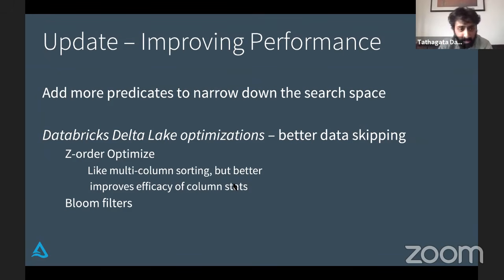Now, the Databricks Delta Lake platform has a few more performance optimizations. That's the difference between OSS Delta and Databricks Delta Lake: we have a few more performance improvements in Databricks Delta Lake. There are tools for doing better data skipping, especially this thing called Z-order optimize that can optimize the layout of the data in the table in a more complex, more organized manner.